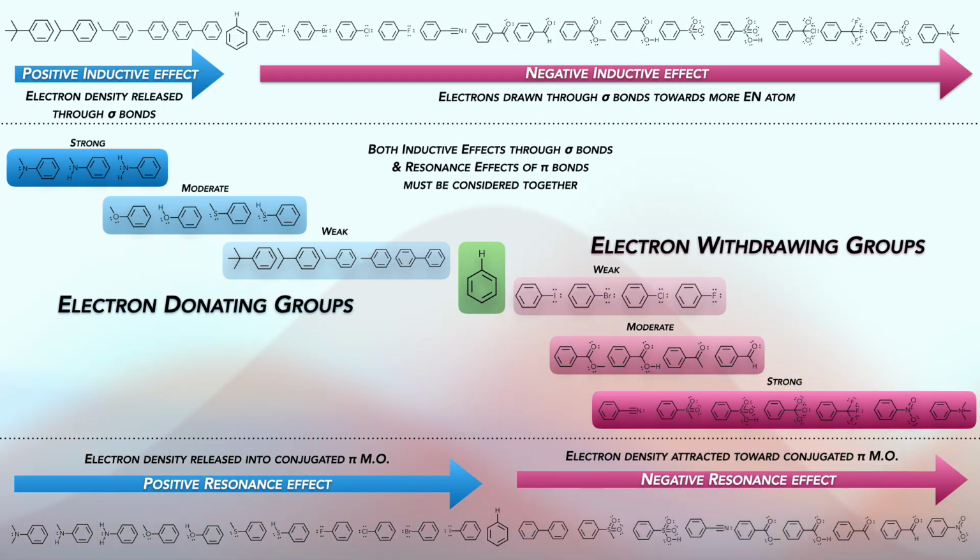Electron withdrawing groups lower the energy of the pi lowest unoccupied molecular orbital and stabilize developing negative charge. This makes the molecule a better electron acceptor. Reactivity is therefore controlled by how close the donor and acceptor orbitals are in energy.